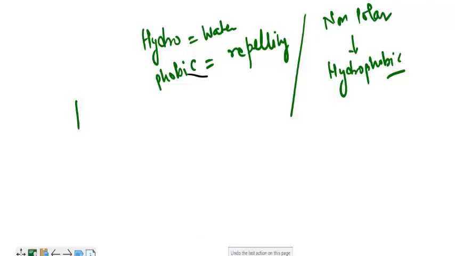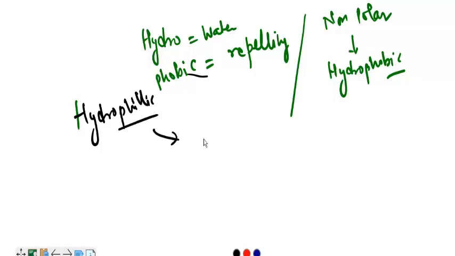Why are you saying hydrophilic? Hydro means water and philic means loving. Okay, attracting. Yes, attractive. So on the polar group, having a charged group, the polar amino acids will be called hydrophilic. It means they are water soluble.